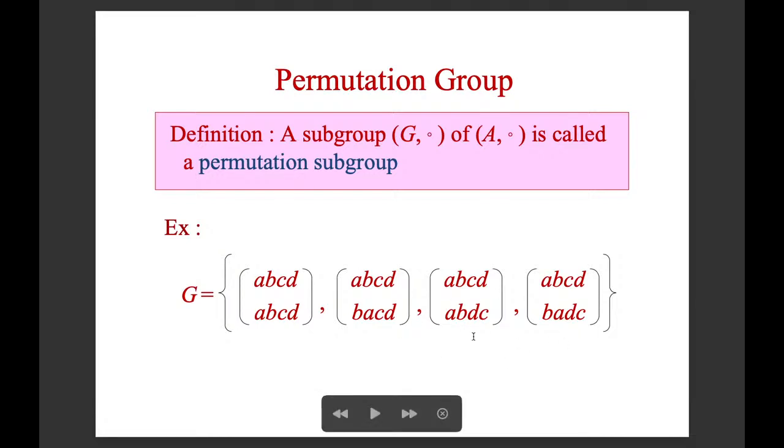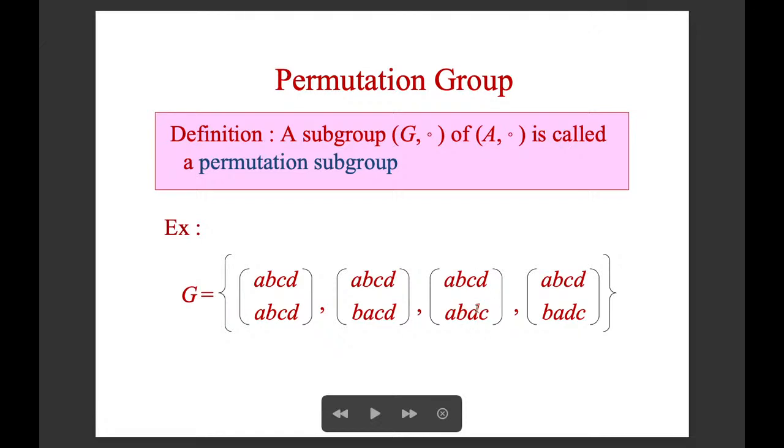So basically, what you can read from these 4 items here is: this one exchanges AB, this one exchanges CD, and this one exchanges both AB and CD. If we apply this to itself, we get back to the identity.